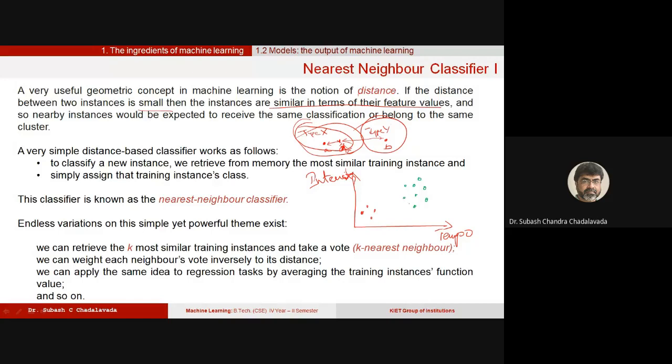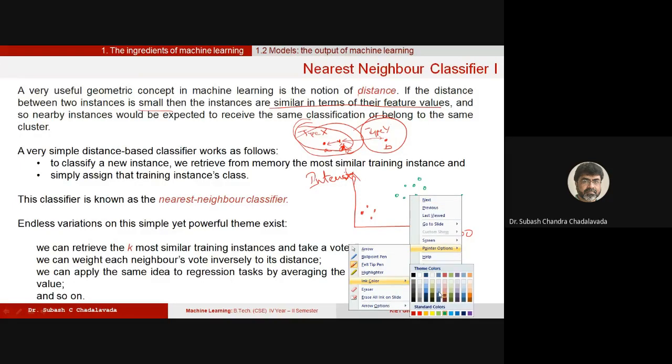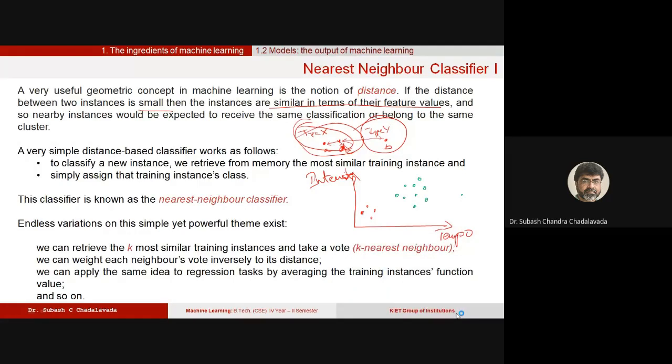So what happens? You can put similar kinds of things into the same classification or cluster. So this becomes one cluster, and this becomes one cluster. This cluster is called dislike, and this cluster is called like.